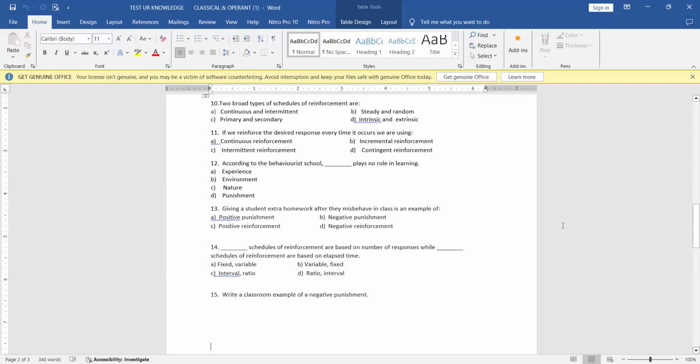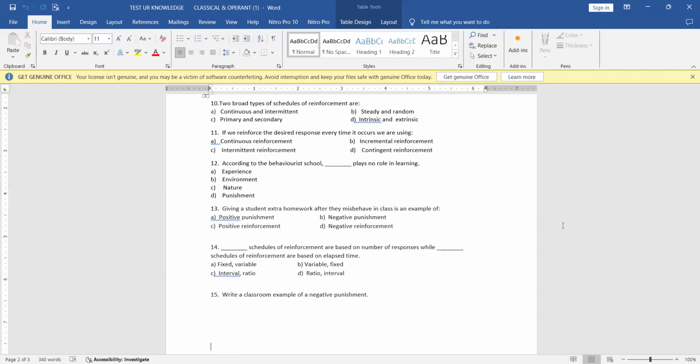Giving a student extra homework after they misbehave in class is an example of what? D, ma'am. No. Look, giving extra homework after they misbehave.